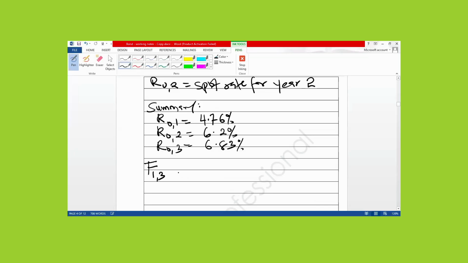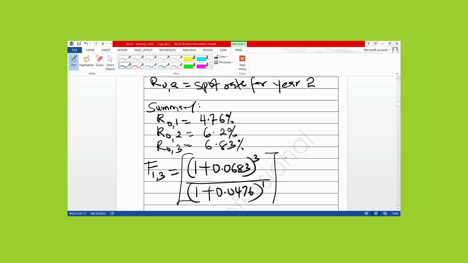F1 to 3 is equal to big bracket 1 plus RO3, that is 0.0683, raised to power 3, divided by 1 plus RO1, 0.0476, raised to power 1, everything raised to power 1 over 2, minus 1.